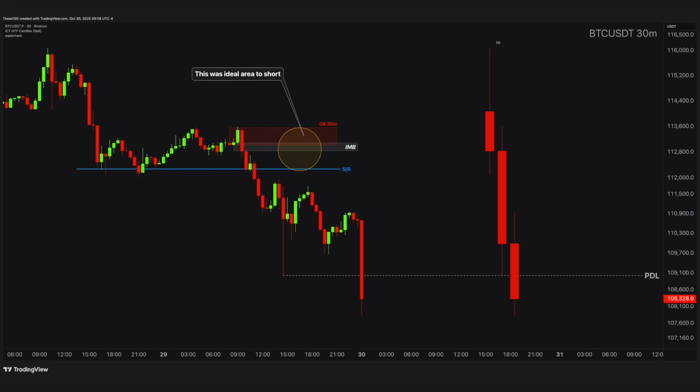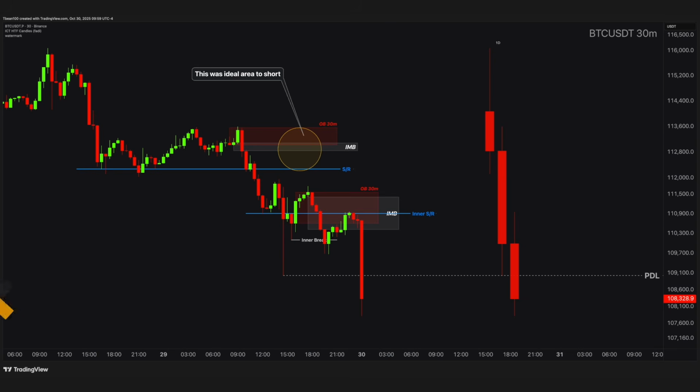So instead, what actually happened here? First of all, price started making these inner breaks, probably aiming toward the PDL. That is the previous day's low level. It used this inner order block combined with the imbalance and also reacted around those inner SR flip zones.